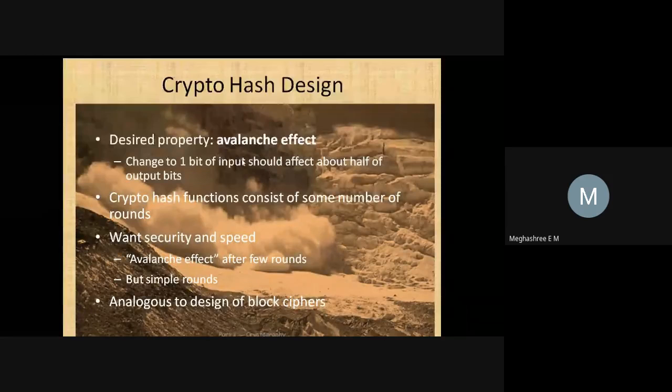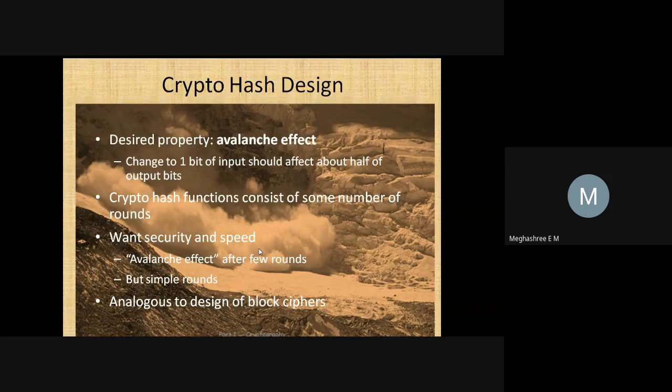If one bit of input changes, the changes cascade to the further rounds. That is the avalanche effect. If this design is followed, the hash function is more secure. This is similar to the design of a block cipher.